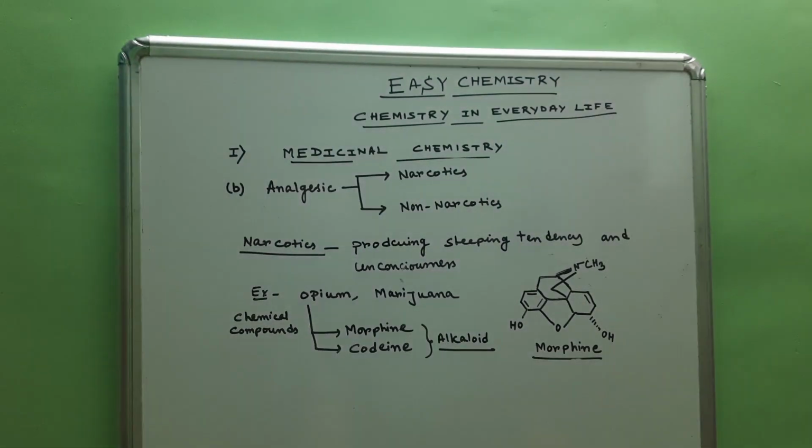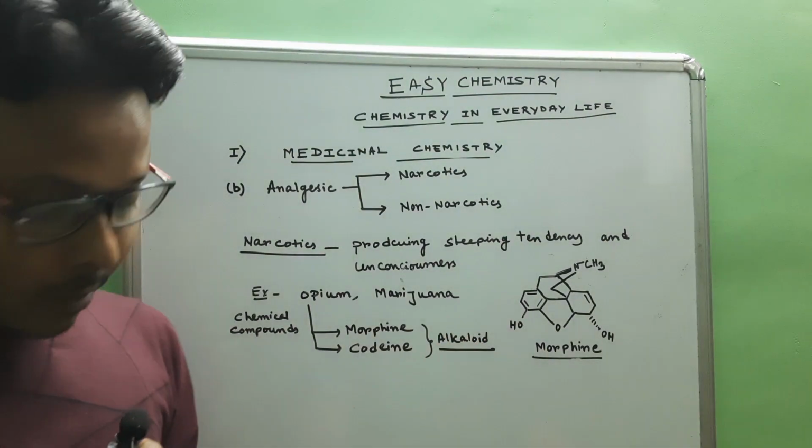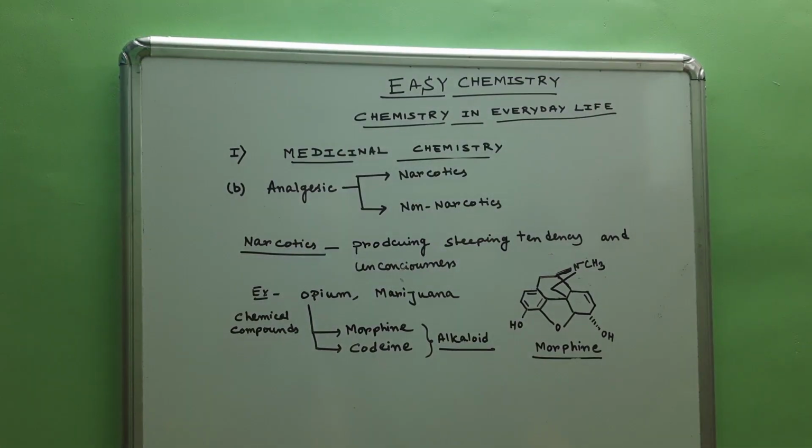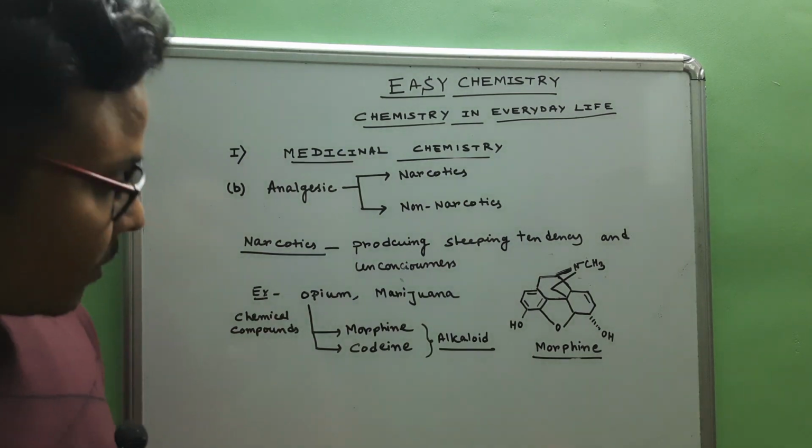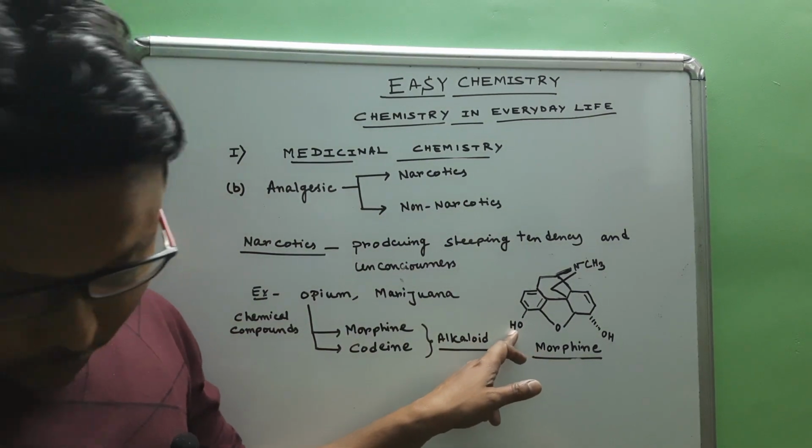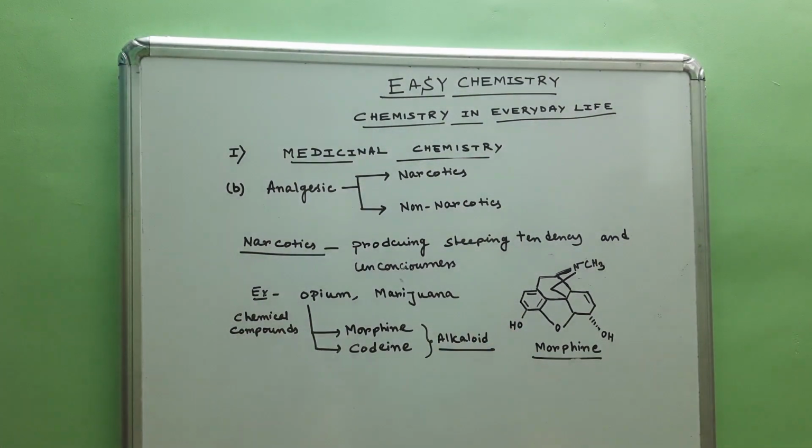So what is the structure of codeine? Codeine and morphine have almost similar structures. The main difference is the OH group. In morphine, this is an OH group, but in codeine, it is an OCH3 group.